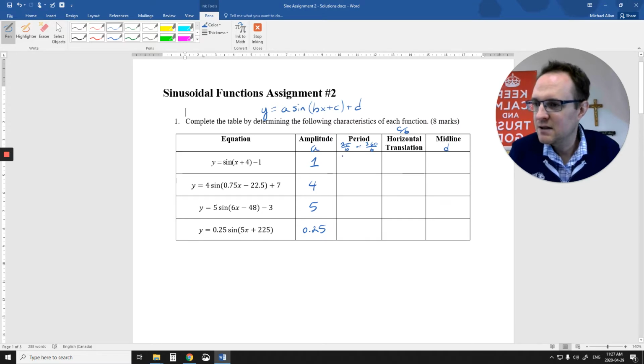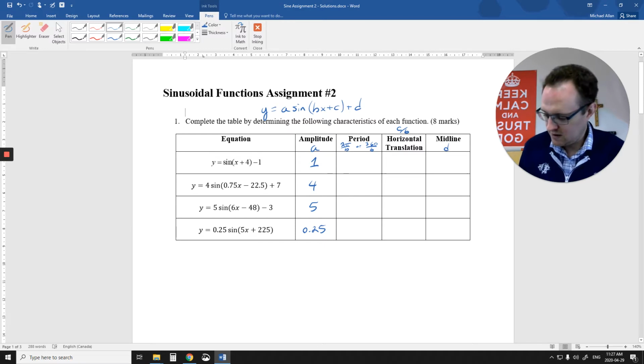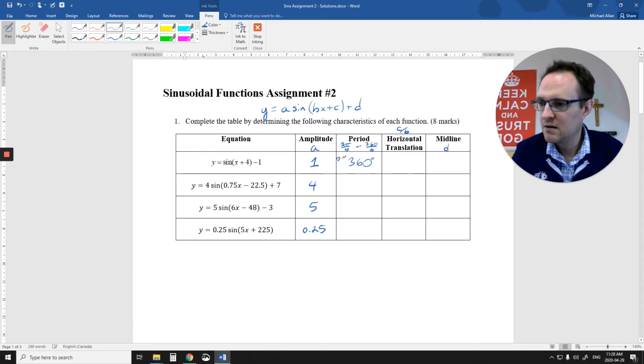My period, either using one of those two formulas here. I'm just going to use the 360 all the time for this one. Makes it a little bit easier to communicate. So the first one is 360, because my B value is 1. Here my B value is 0.75, so I'm going to go with 360 divided by 0.75.